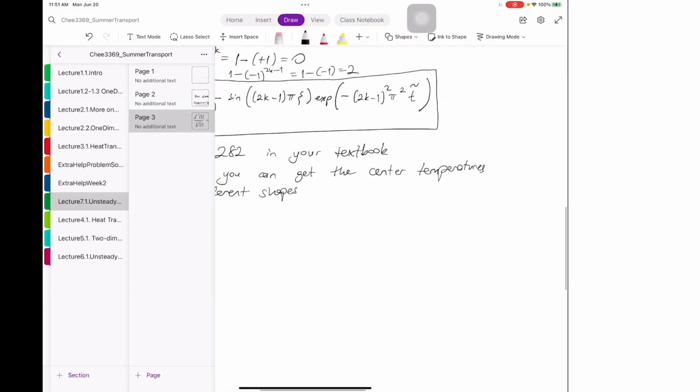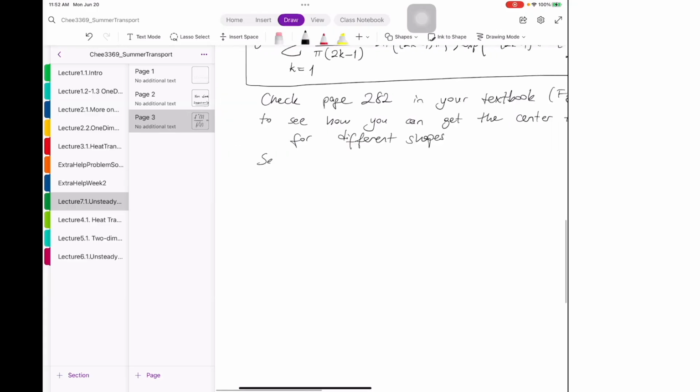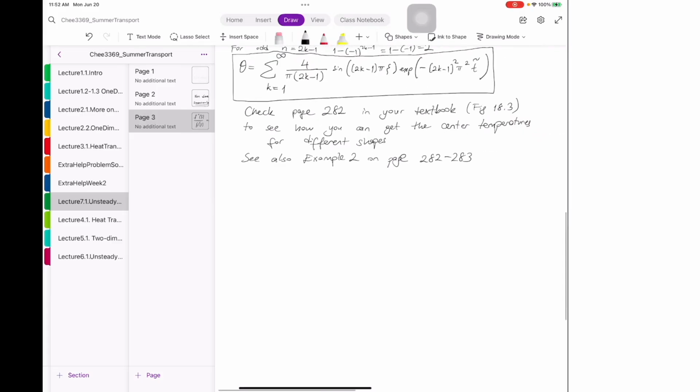It's basically figure 18.3. And also, I recommend you to have a look at example 2 on the same page. See also example 2 on page 282 to 283.